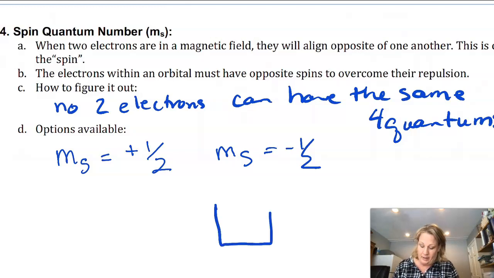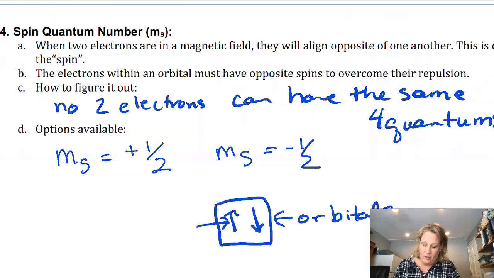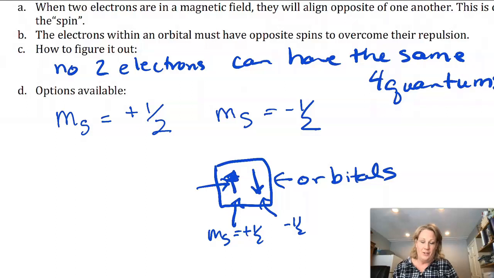We draw orbitals as boxes. Remember, the orbitals are the place where the electrons actually are. The electrons are these arrows. So this is showing, this electron is spinning up and this one's spinning down. So these 2 electrons are located exactly in the same region.